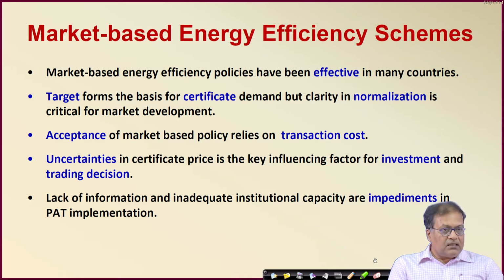This is injustice. That is where normalization comes in. While fixing the target, you have to really see that it is equally hard or equally easy for all the companies or all the industries which are participating in the process. I hope I am clear what normalization is.